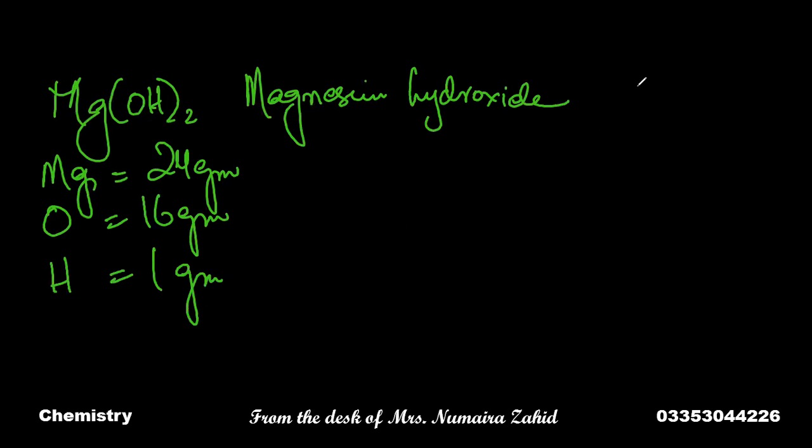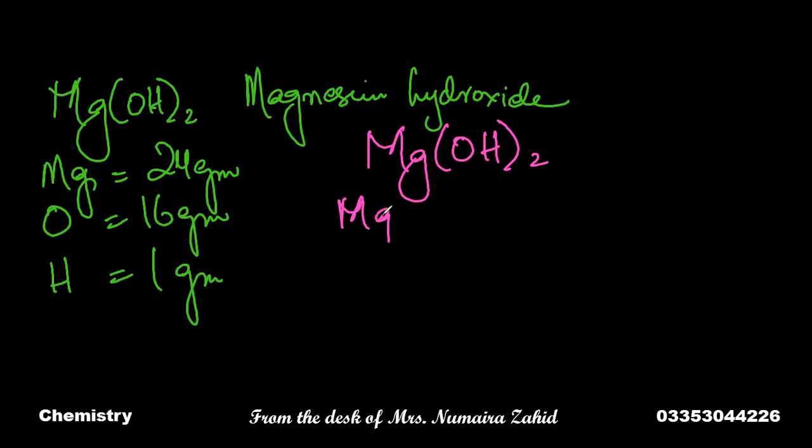Okay. So for magnesium hydroxide, first we need to write down the formula of the substance. And here we are going to find out the number of atoms. So magnesium is only 1, so we will multiply magnesium by 1. Oxygen, 2 atoms of oxygen, and hydrogen again 2.